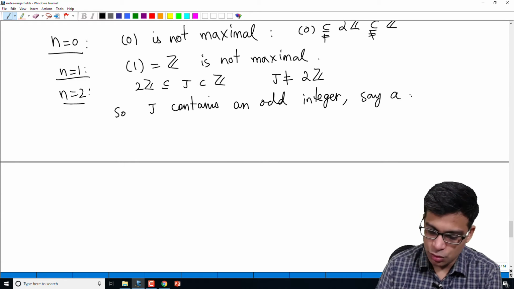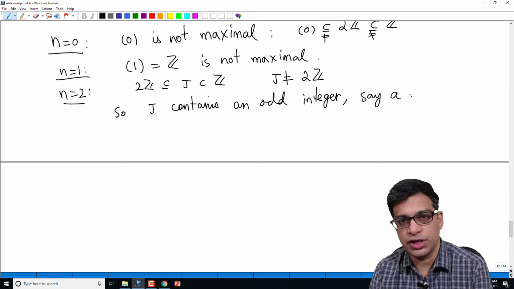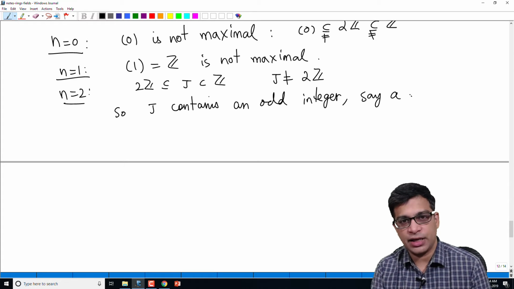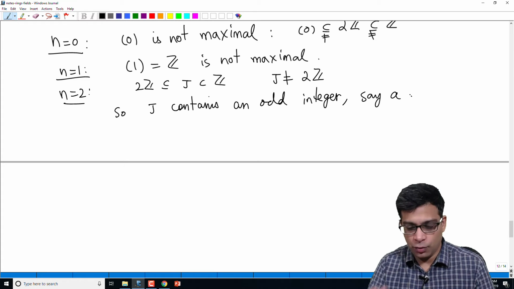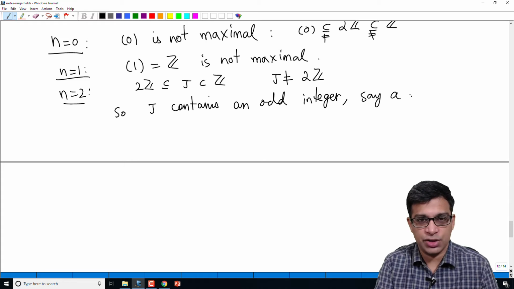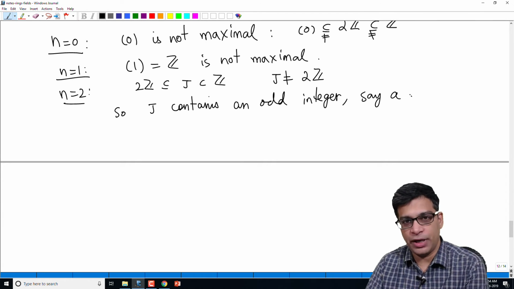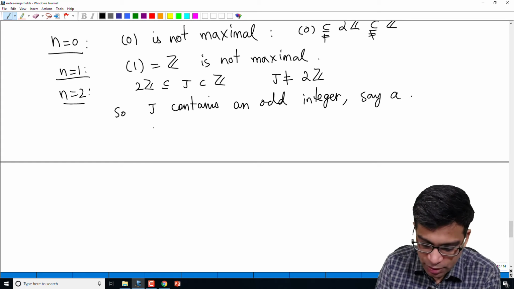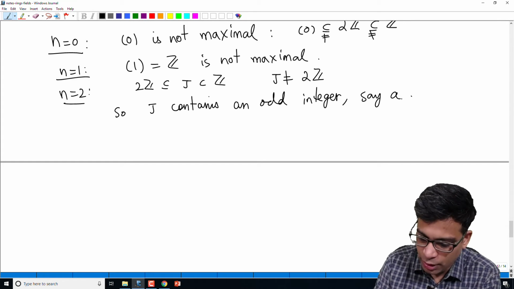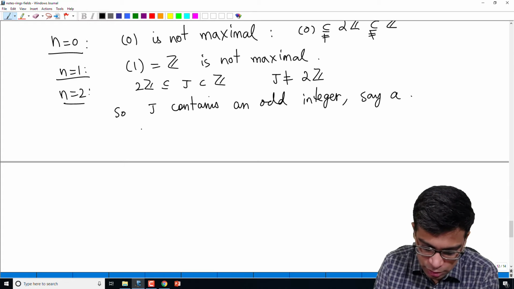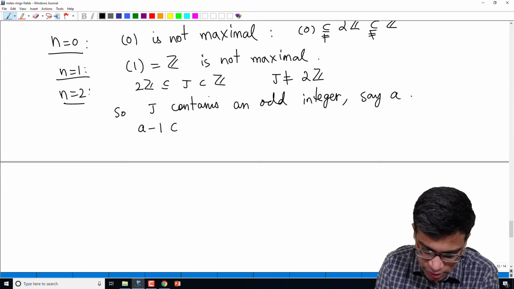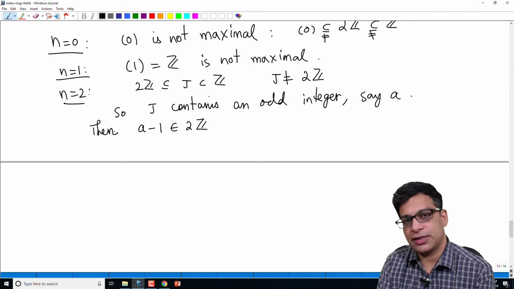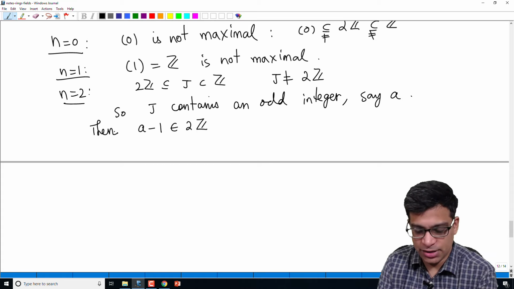Because J is not equal to 2Z, and remember 2Z is the set of all even integers: if J doesn't contain an odd integer, J would be equal to 2Z because J contains 2Z. The only way it can be strictly bigger than 2Z is if it contains an odd integer. Let's call it a. But then a minus 1 is in 2Z, because a is odd, so a minus 1 is even, and every even integer is in 2Z.